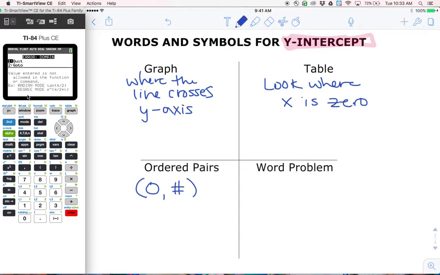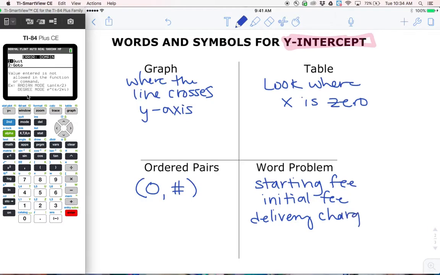And then from a word problem, this is the one that we kind of talked about a little bit in the review. We're talking about things like starting fee or initial fee or delivery charge. All right, or flat fee, something like that, right? Where you have something that's being charged once.